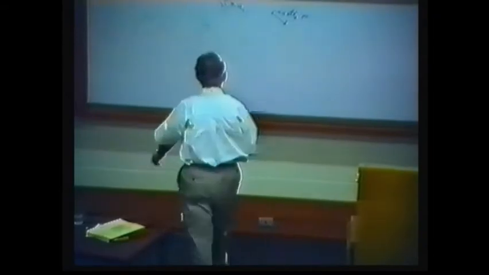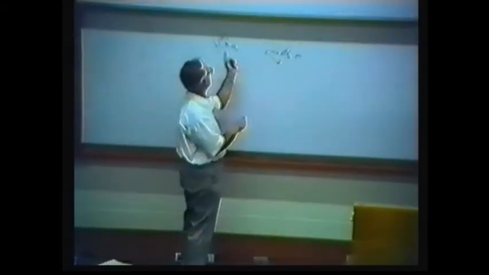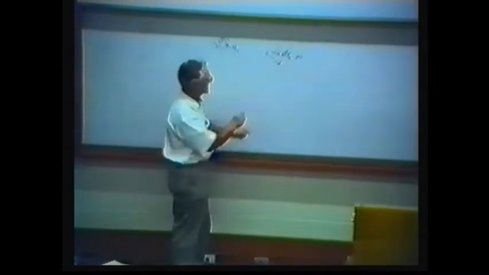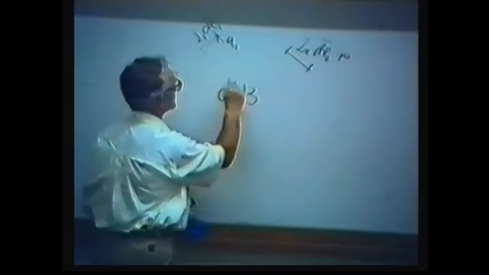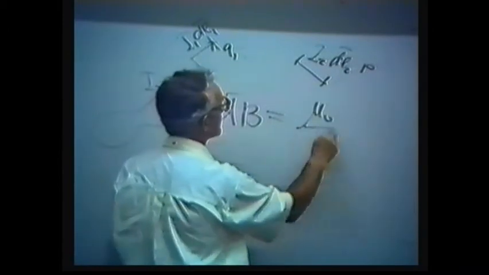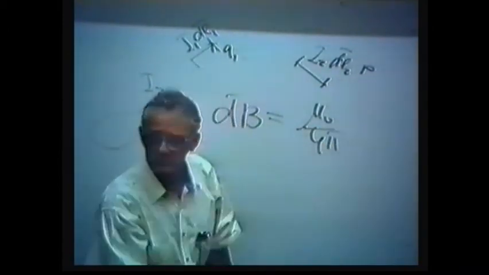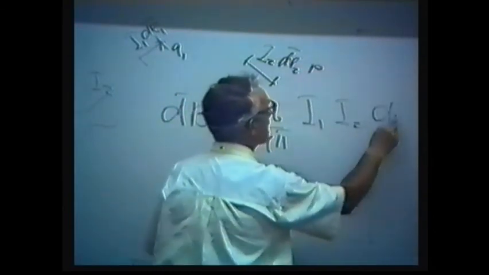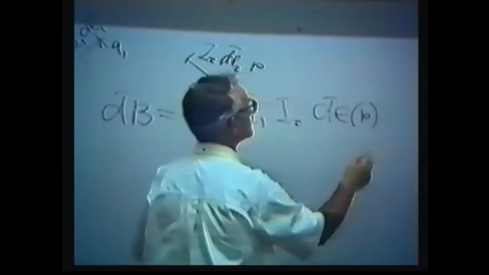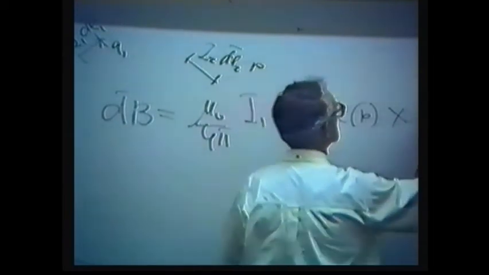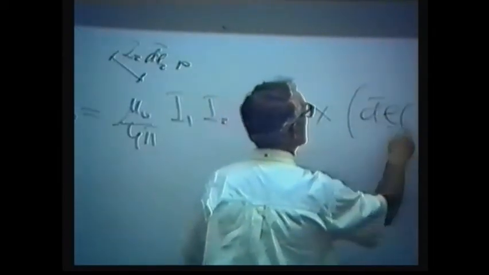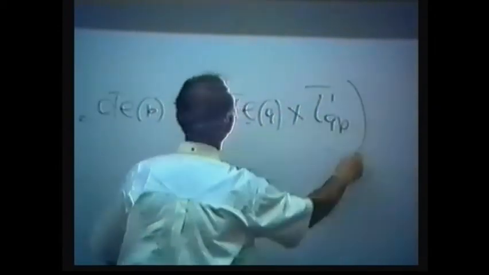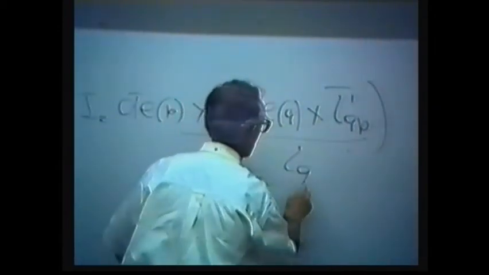And then he said the mechanical force with which one current element acts on another is equal to mu naught over 4 pi, I1 I2, dl at point P cross product, dl at point Q cross product L_QP, divided by L_QP cubed.